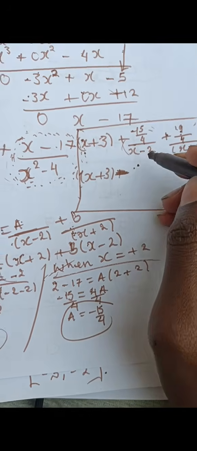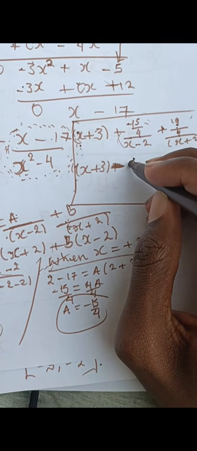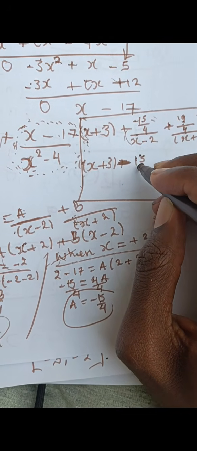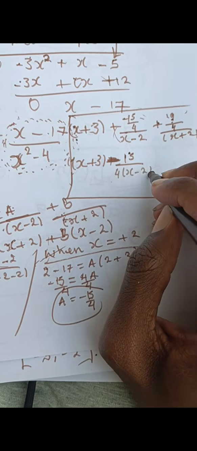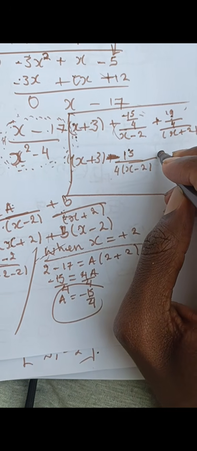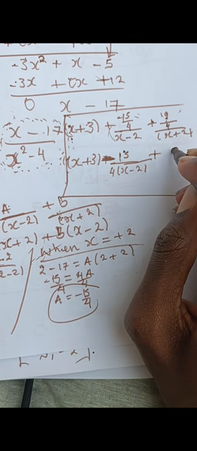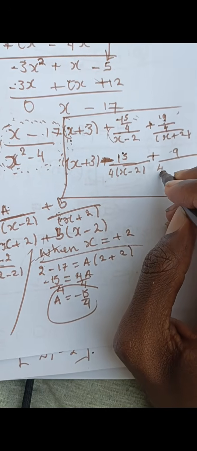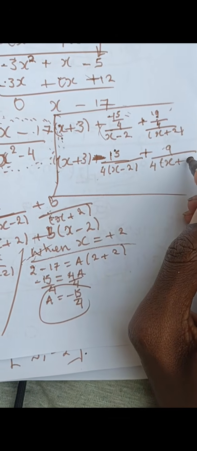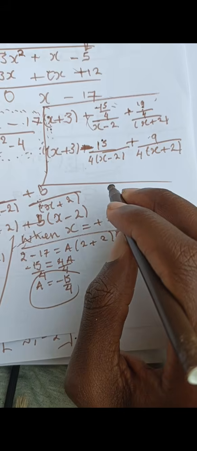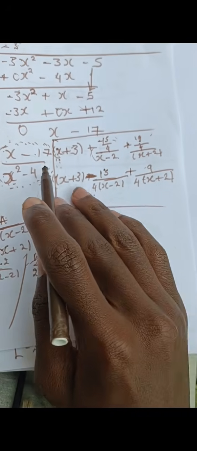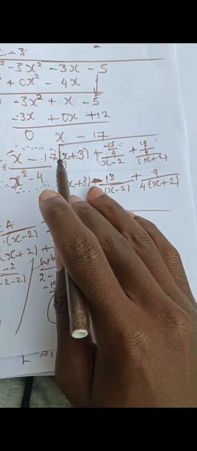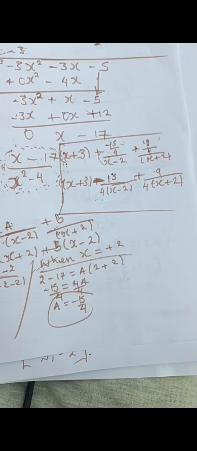Pardon me, guys. So we say negative 15 over 4(x minus 2) plus 19 over 4(x plus 2). Okay, so this is the one that's going to be the final answer.